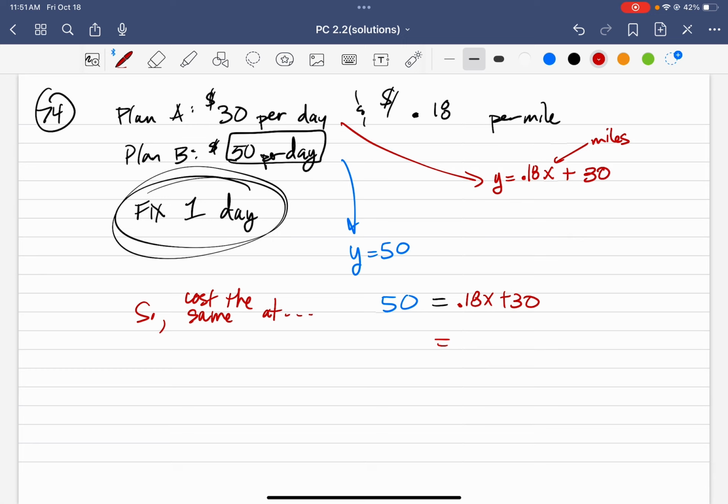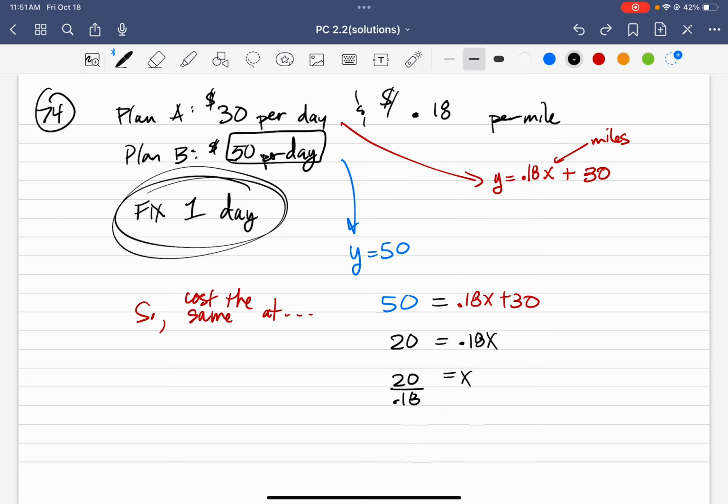So in other words, when you subtract, you're going to get 20 is equal to 0.18x. So in other words, x is equal to 20 divided by 0.18. I don't even need a computer. I could do 20 divided by 18/100ths. Oh yeah, I do. It's not going to be as easy as I thought.